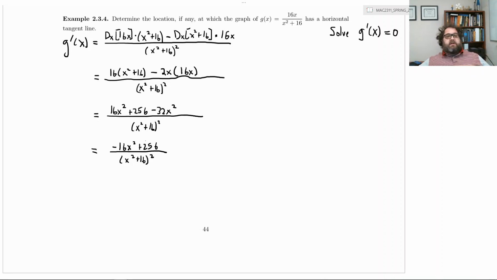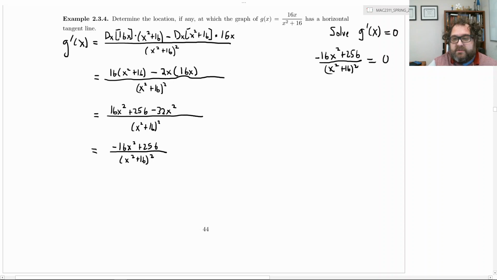That's just the first step, because what we want to do here is solve the equation g prime equals 0. So let's do that over here. G prime equals 0, so that is negative 16x squared plus 256 over x squared plus 16 quantity squared equals 0.